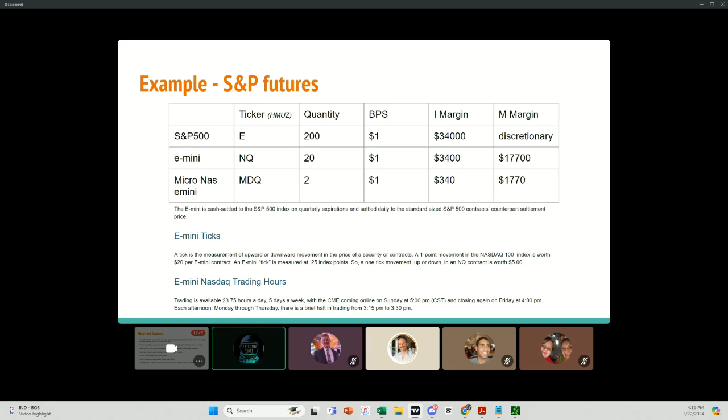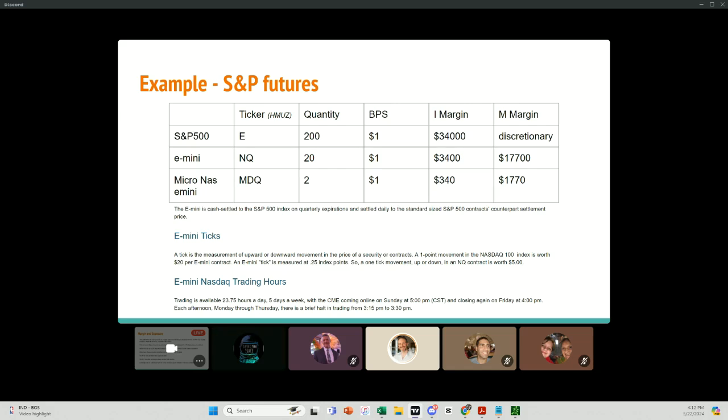So in terms of this E-mini contract that I'm trading, it's a 1 point movement, so it's a $1 movement in the Nasdaq 100. That's worth $20 per E-mini contract, but the tick is actually at 0.25 index points, or 25 cents. So every 25 cents up or down, your contract is going up or down in value by $5. That's how that works.